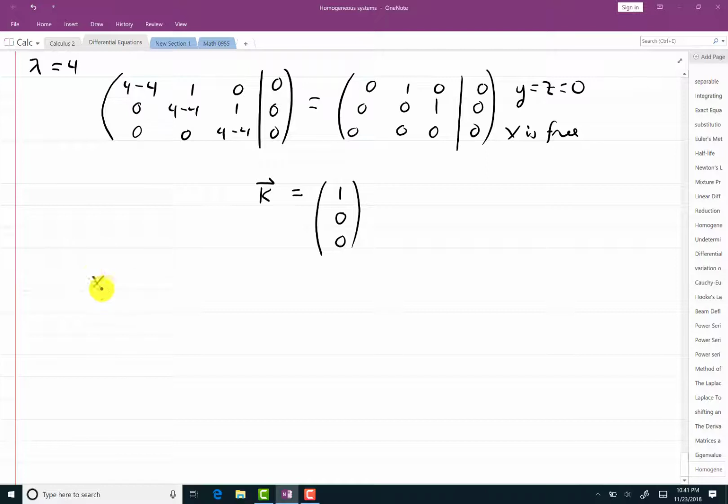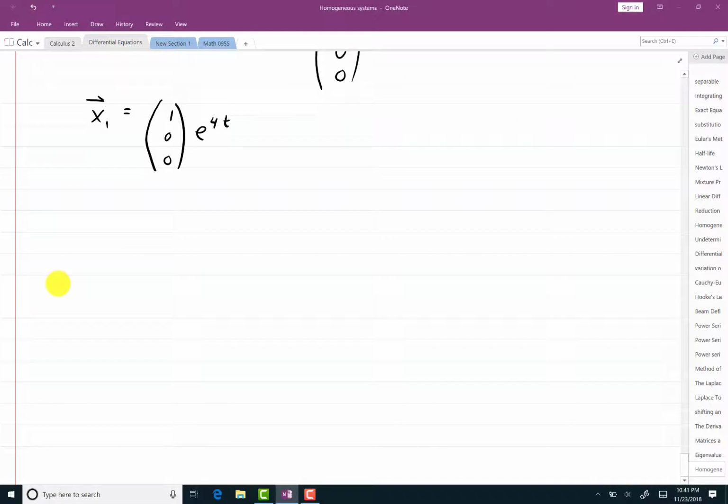And so my solution right now, I have one solution because I did not get 3 eigenvectors out of the deal. So far then, my one solution is 1, 0, 0 e to the 4t. So there's 1. How do we construct the 2 other solutions?